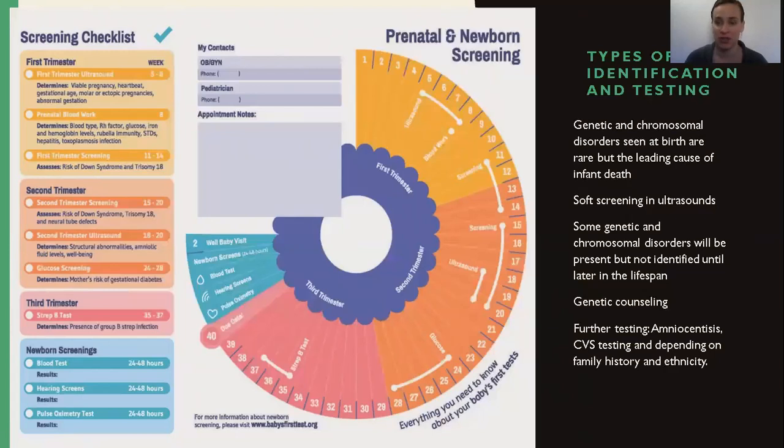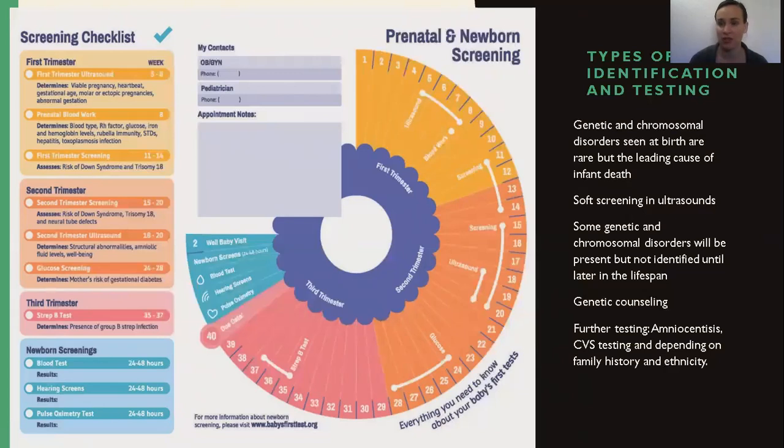Through these screenings and ultrasounds, I was able to determine whether my child was going to need that when she was born. She didn't have trisomy 18, or any kind of Down syndrome, which is trisomy 21, or any neural tube defects. Any abnormalities, or any issues with amniotic fluid levels, would have meant that I would transfer to a different hospital in order to give birth.